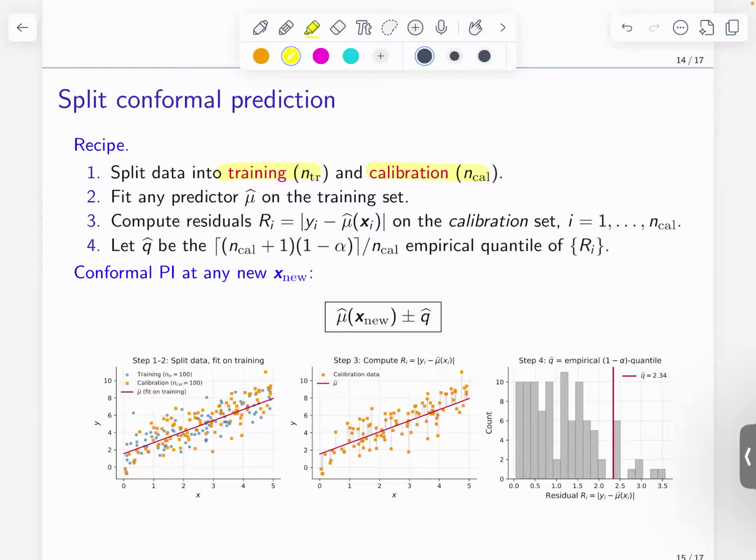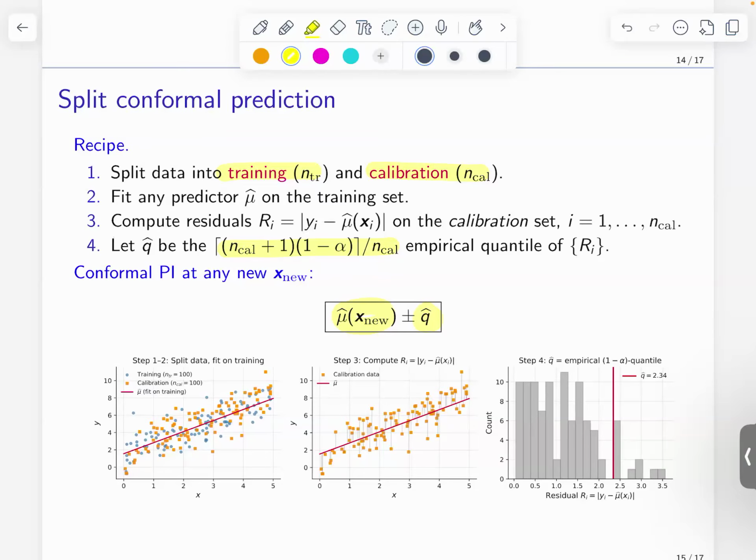So the yi's and the predictions hat of the xi's are in the calibration set. You look at the residuals, and then you look at the empirical quantile at this level of these scores, the absolute values of the residuals. For a new data point, this would be your center, and you just add plus or minus this quantile.